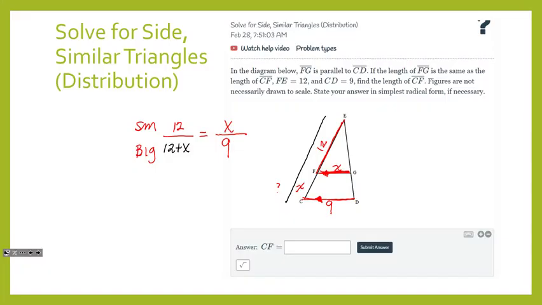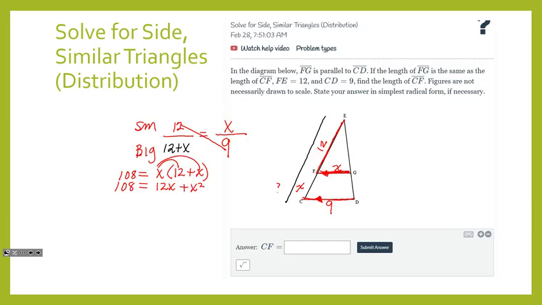12 times 9 is 108 equals x times 12 plus x. Don't panic quite yet, we got this. 108 is x times 12 is 12x, x times x is x squared.